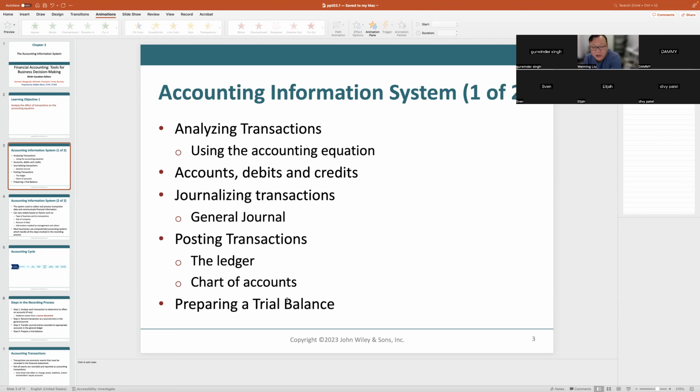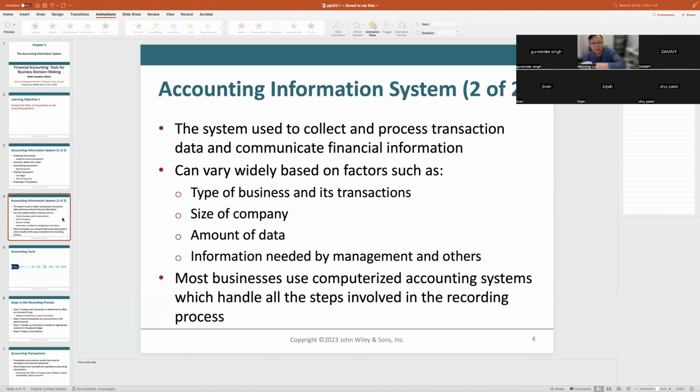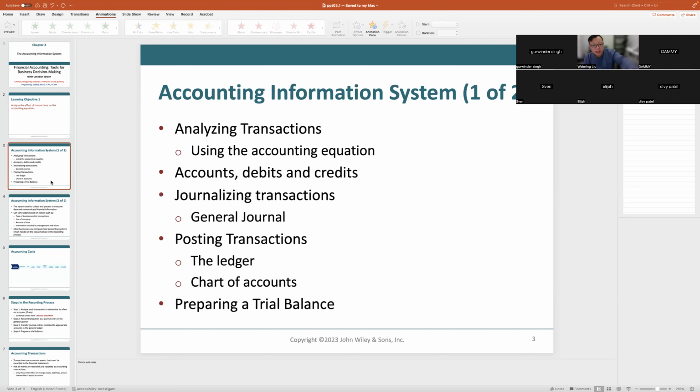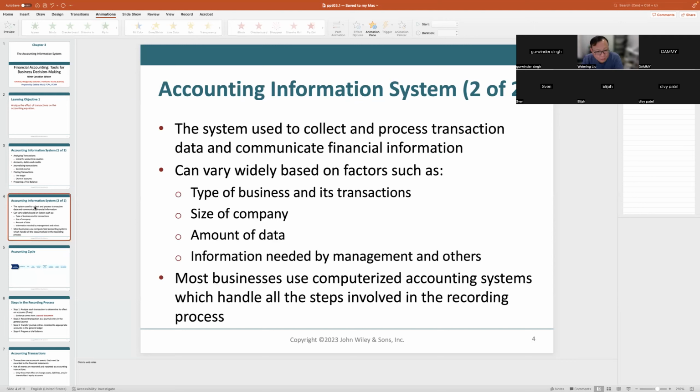And then with all the information at the fiscal year end date, you pull out all the information to prepare a trial balance. We call this part of the accounting cycle. Once we learn everything, this process will be more clear, because you have to be able to think in terms of this accounting cycle.